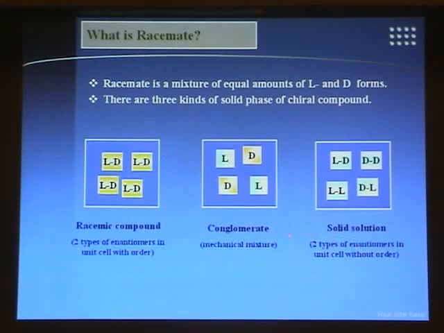And the last case, solid solution: in the unit cell, they have two chiral enantiomers. However, they have a different pattern or order. You can see here LD, DD, LL, or DL, something like this.